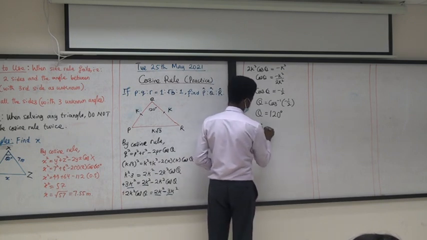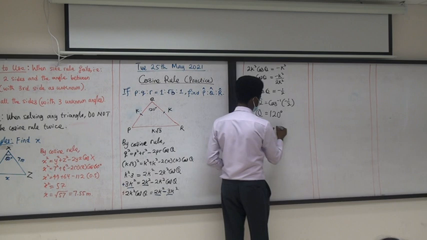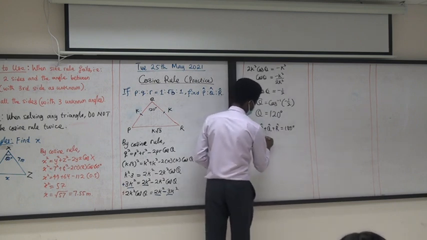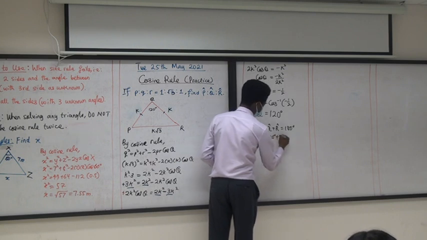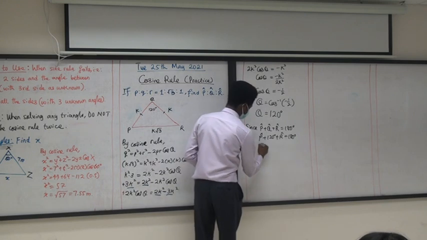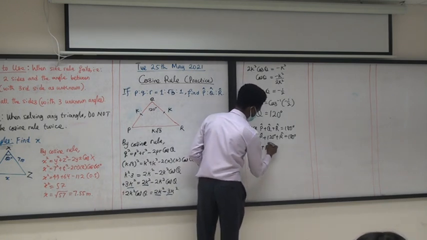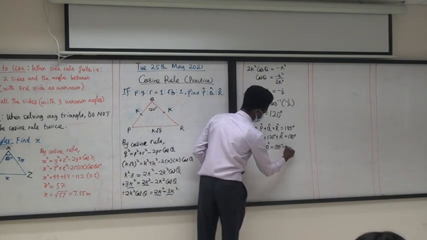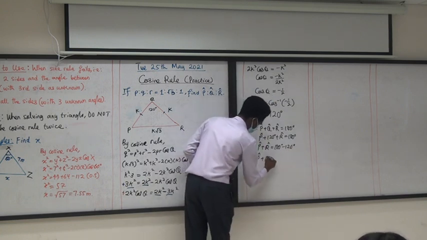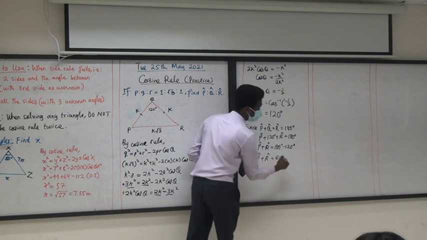Since angle P plus angle Q plus angle R is equal to 180 degrees, it means angle P plus 120 plus R is equal to 180 degrees. It means angle P plus angle R is 180 degrees minus 120 degrees. Yes? It means angle P plus angle R is equal to 60 degrees.